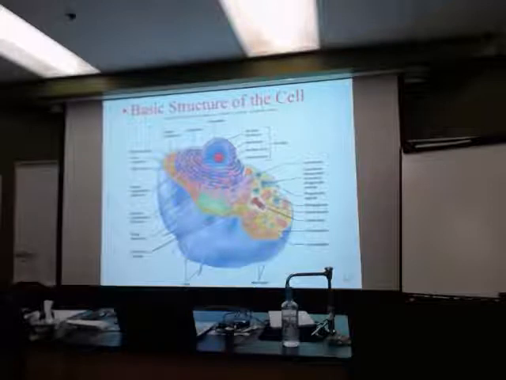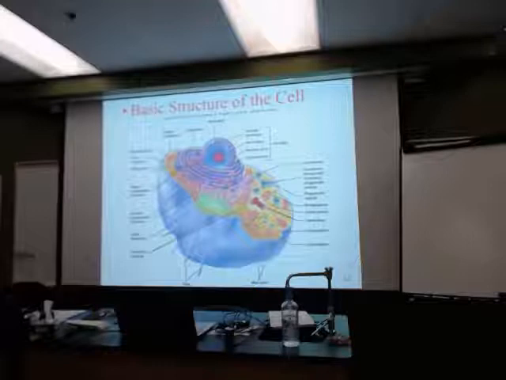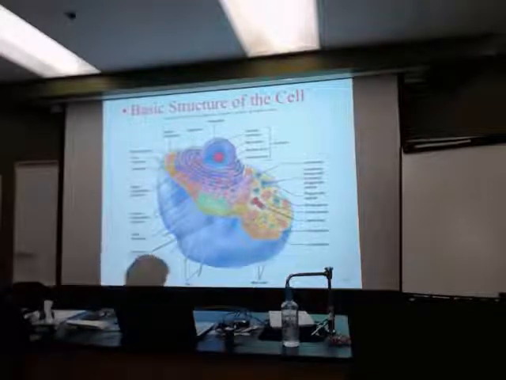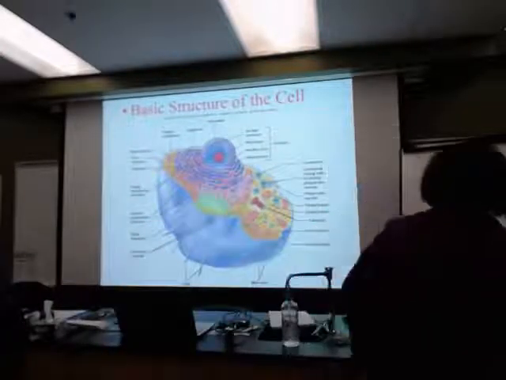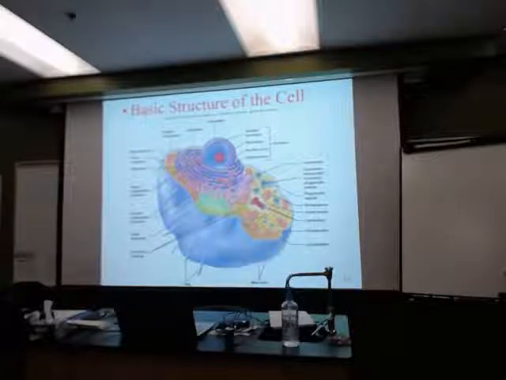Doesn't matter if I'm talking about skin cells, liver cells, kidney cells, muscle cells, nerve cells, lungs, it doesn't matter, because every cell has to function. The plasma membrane is very important in that happening.